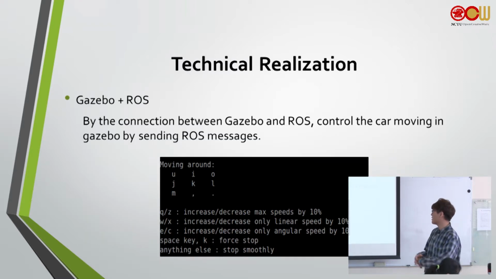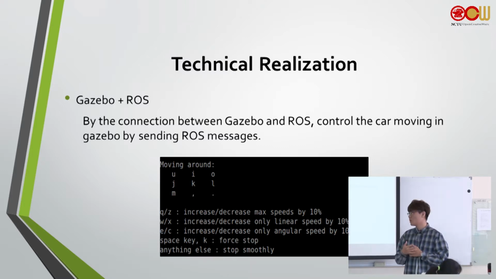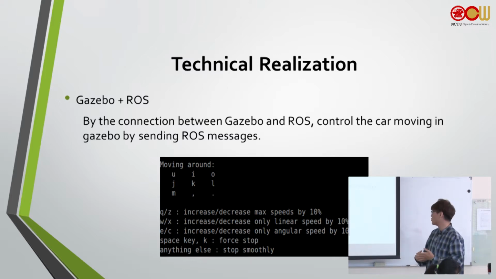And for the technical realization, the first is Gazebo and ROS, the thing I mentioned before in my tutorial. We can use ROS to send messages or do things in Gazebo.